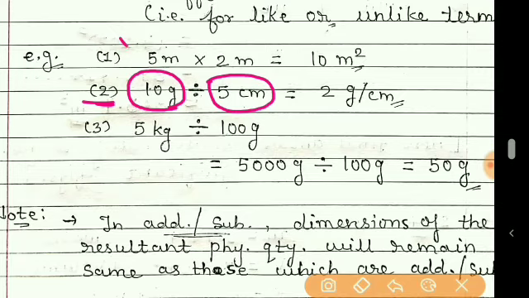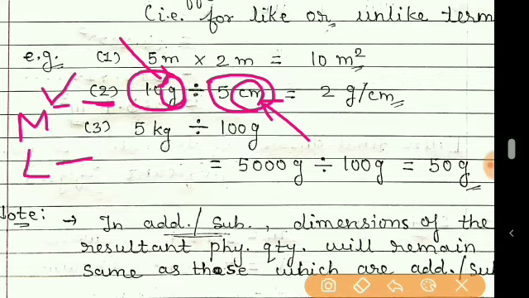The first is in gram, the second is in centimeter. Gram has the dimension of mass, centimeter has the dimension of length. So here you can see that these have different dimensions, and here we have to divide both.